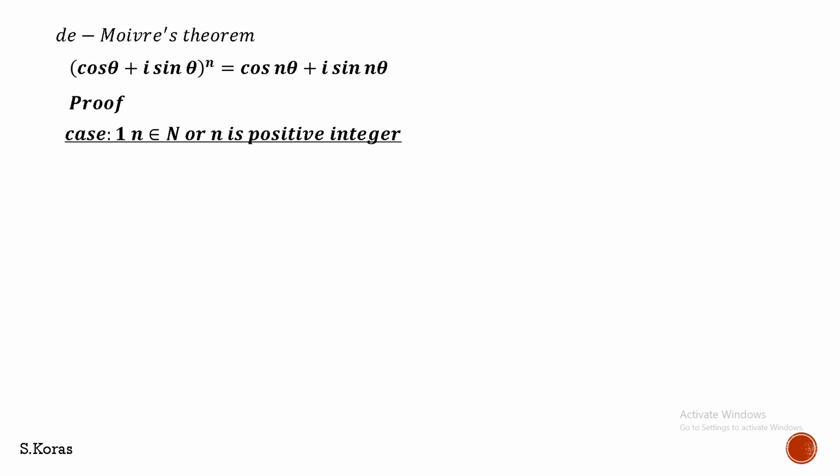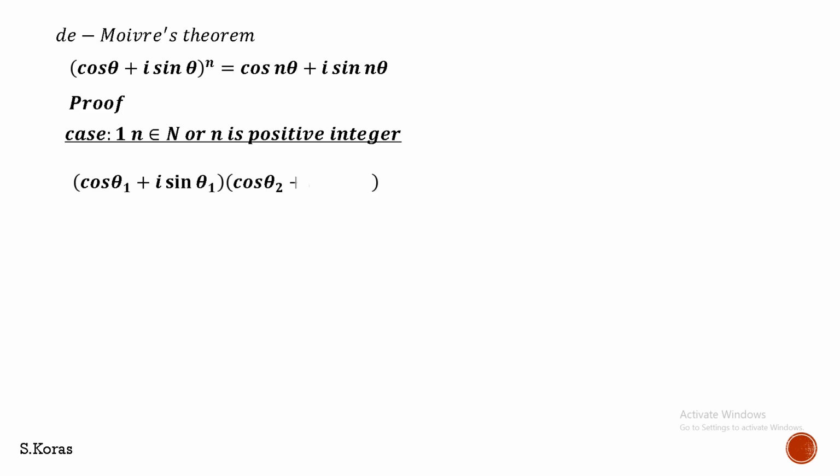But we are going to see only three cases: positive integer, negative integer, and rational number. How to prove this? We have two ideas. One is mathematical induction, but we are not going to use that method. We are going to follow a small simple technique.